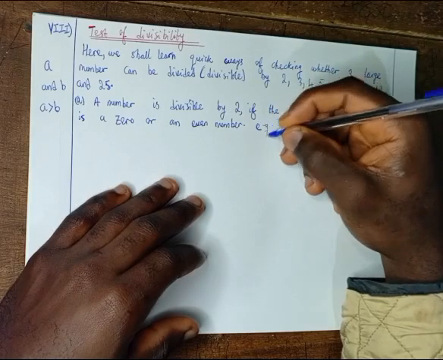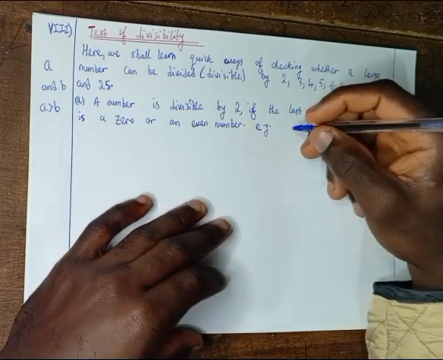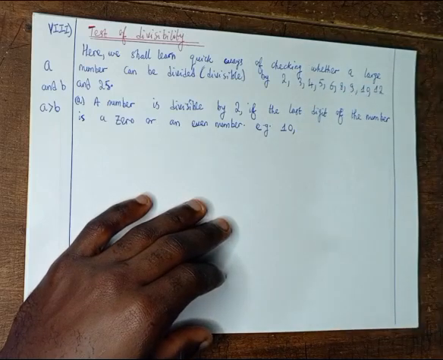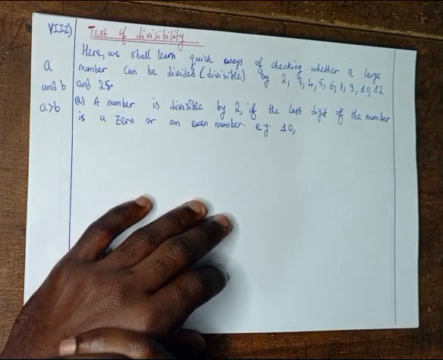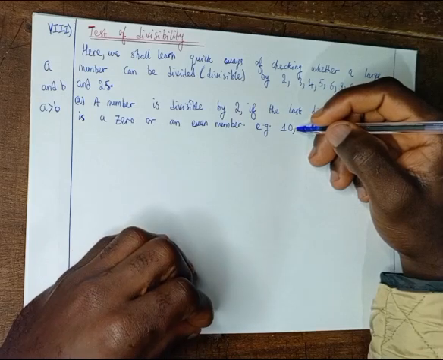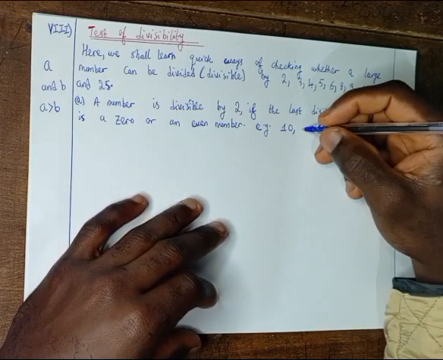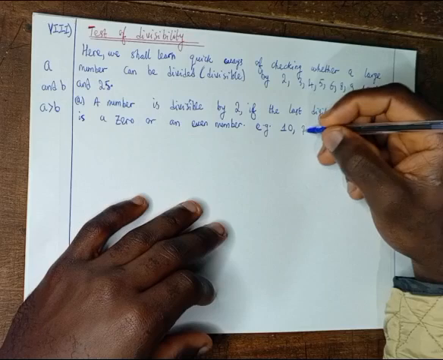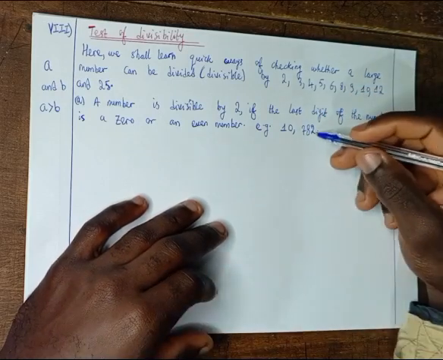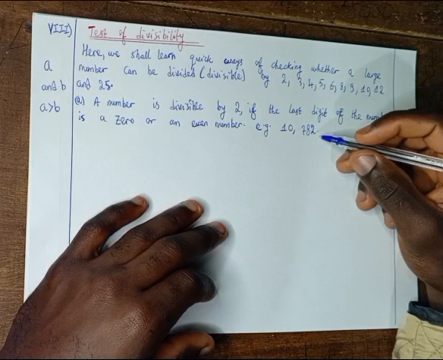Example, if you take the number 10, 10 is divisible by 2. If we divide 10 by 2, we are going to obtain 5. If we take another number, 782, it is divisible by 2 because the last digit of this number is an even number.